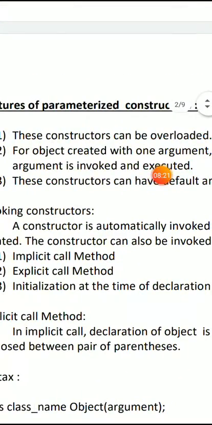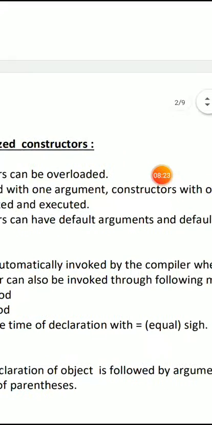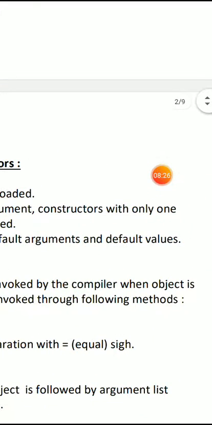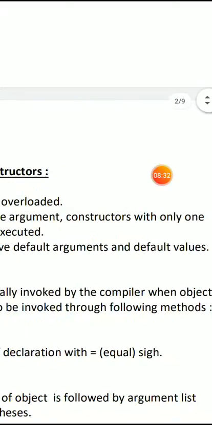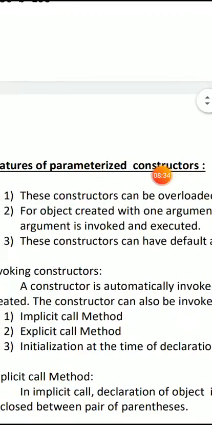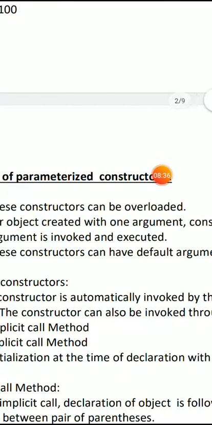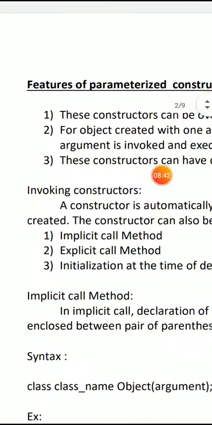Third point, these constructors can have default arguments and default values. Default arguments and default values mean that sometimes some constant values and constant arguments need to be passed from the parameterized constructor to the calling constructors. That is possible in the case of a parameterized constructor.